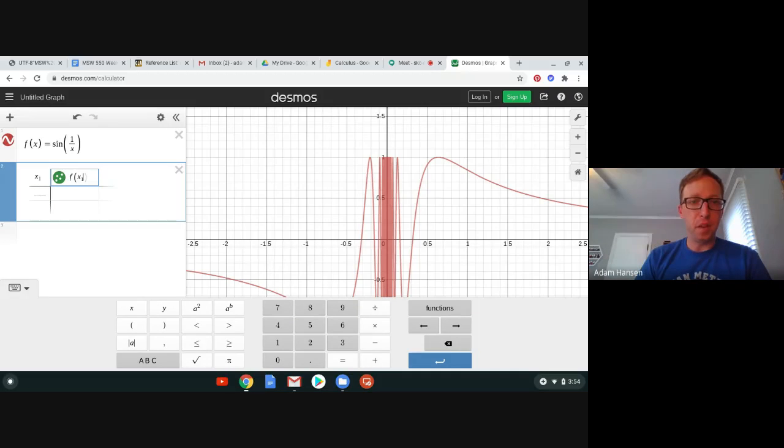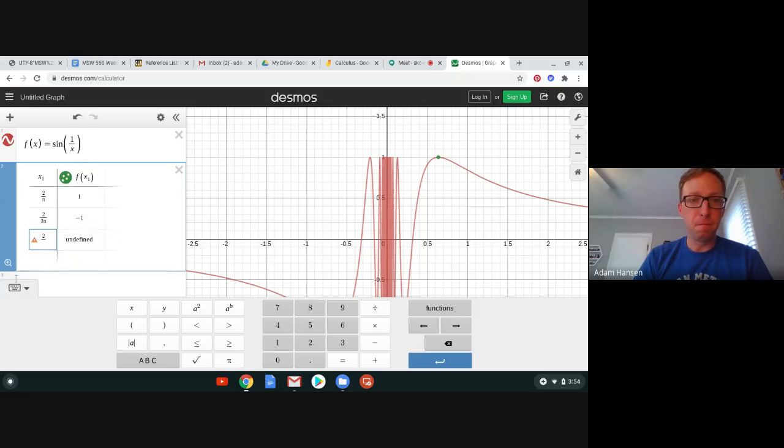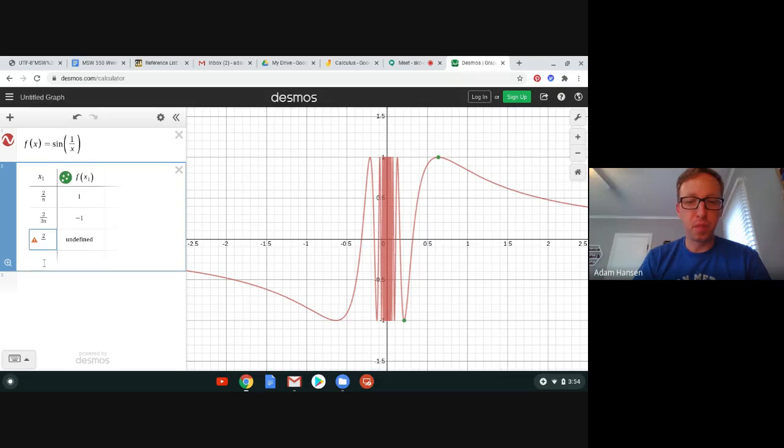All right, f of x1. So we had 2 divided by pi, positive 1. 2 divided by 3 pi. 2 divided by 5 pi.